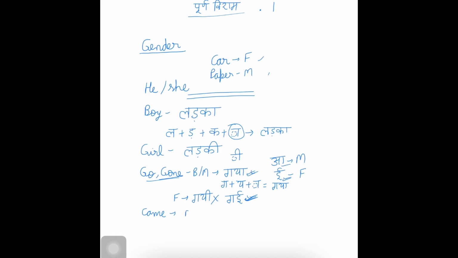Came. If a male speaks, he will say आया. The entire vowel a plus consonant yo plus matra of a becomes aya, which is came.